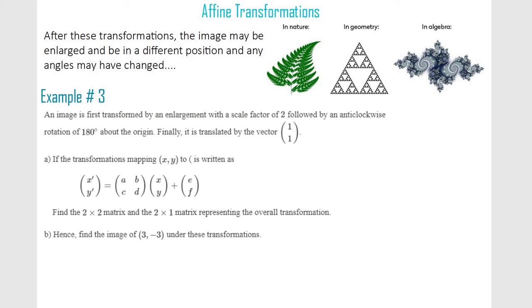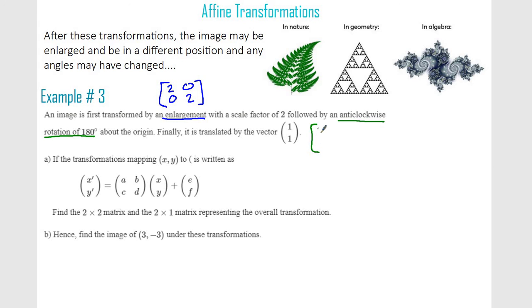Okay, so we said an enlargement with a scale factor of 2, so that's just 2, 0, 0, 2. So that's our enlargement. Then we have the anti-clockwise rotation of 180 degrees.